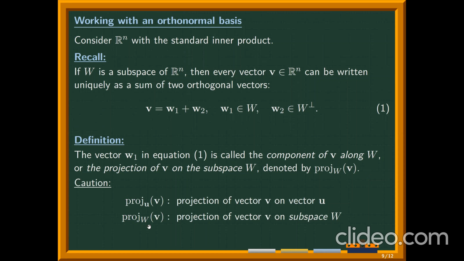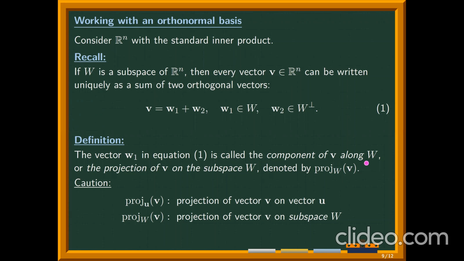Observe the difference between these two notations. So we previously defined the notion of the projection of a vector on another vector. In that case, we used as subscript the vector.